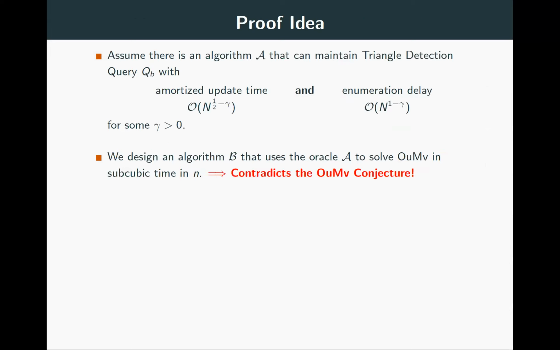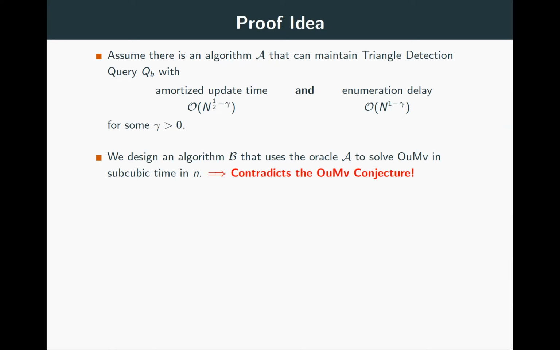Good. So how can we do it? Usually with lower bound proofs, you proceed as follows. You have an oracle. Assume we have an algorithm A that can maintain the triangle detection query, QB. This is our oracle, and we say that we can maintain it with this time, which is actually deemed not to be possible.